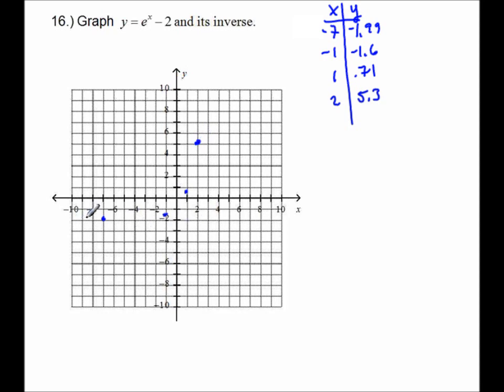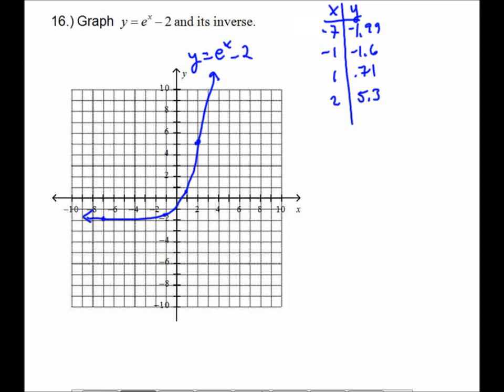Okay, so now we want to connect it with a solid line. It might be off just a little bit, but this is close enough. This graph is of y equals e to the x minus 2.